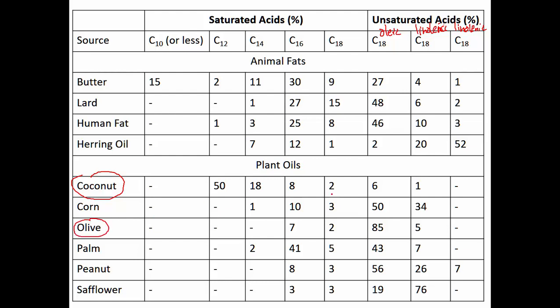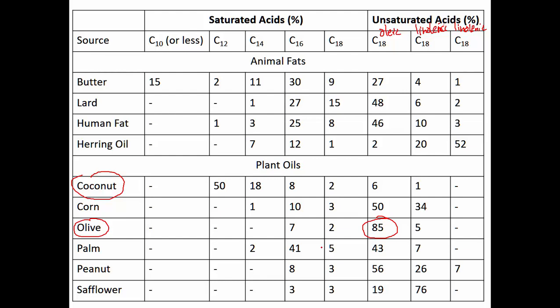Olives contain virtually all of one kind of fatty acid chain, oleic acid, which is a monounsaturated fat, and that's what's associated with the heart healthiness of olive oil there. Palm oil, okay, you can see also has a lot of saturated fat. Peanut oil and corn oil have a lot of polyunsaturated fats, and they're not quite as heart healthy as the monounsaturated fats.